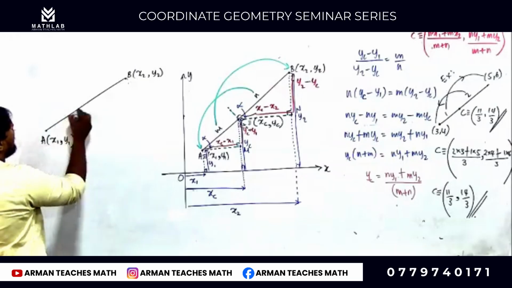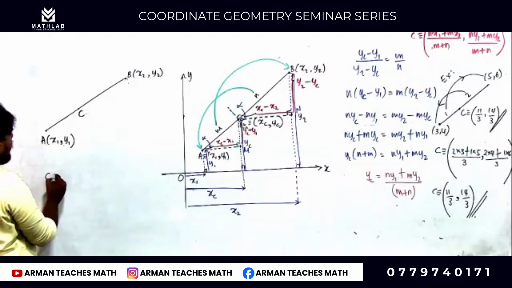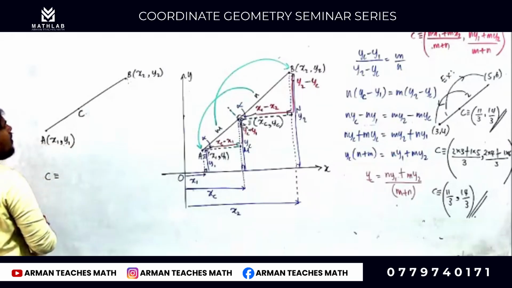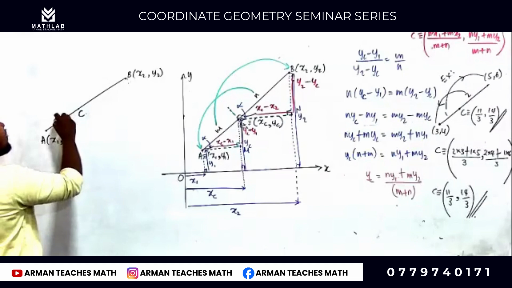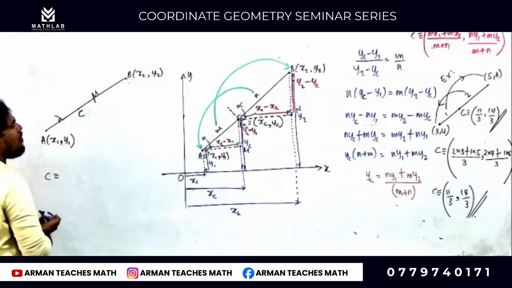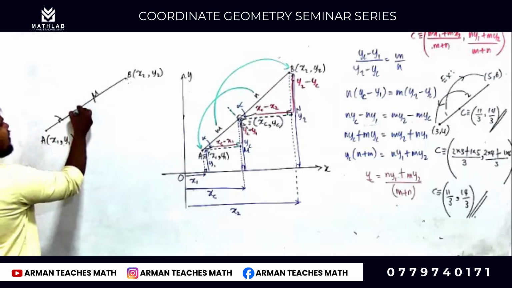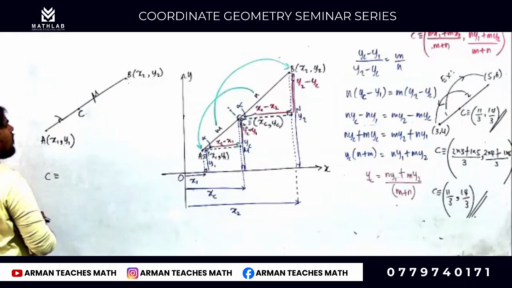There's a point C and we need to identify its coordinates. Let's say the ratio is given as lambda to mu. Those are numbers, and lambda and mu are values that are not equal to 0.